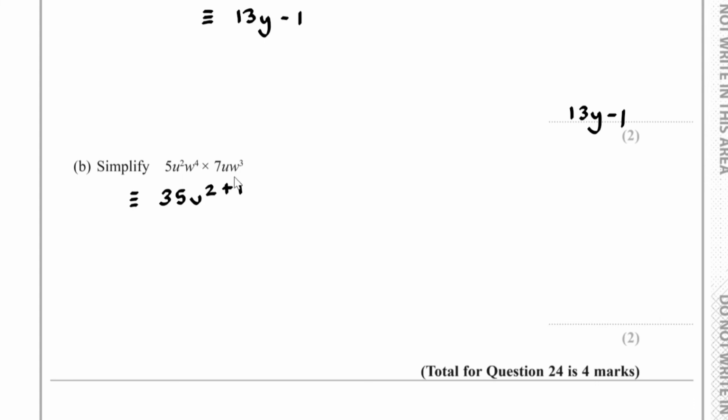And then I've got w to the 4 times w cubed. So I've got w to the 4 plus 3. So I've got 35 u cubed w to the 7.